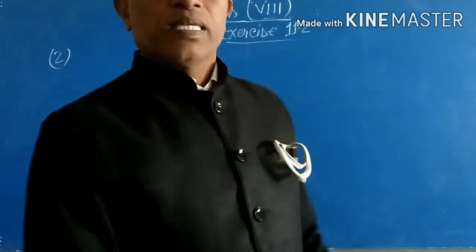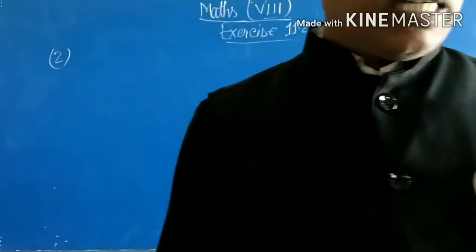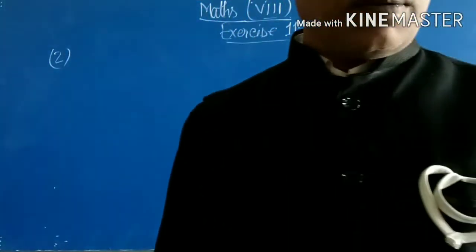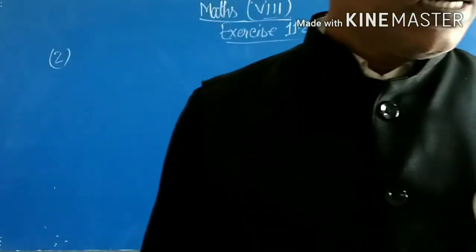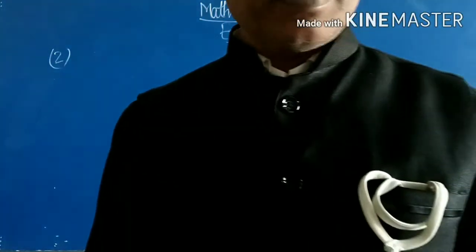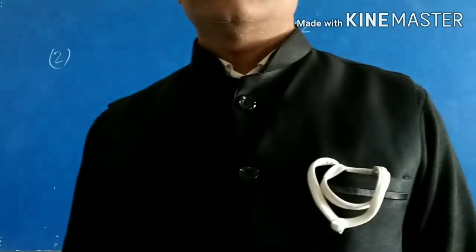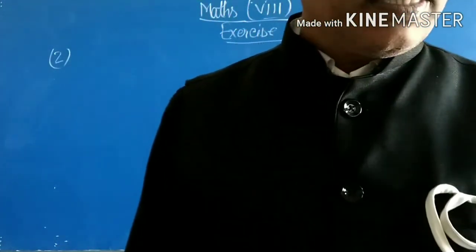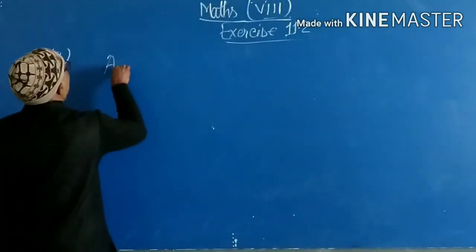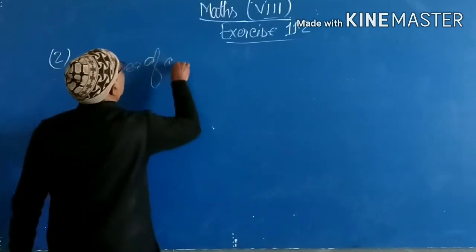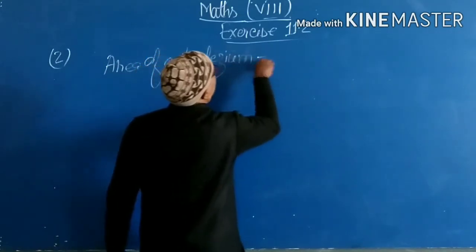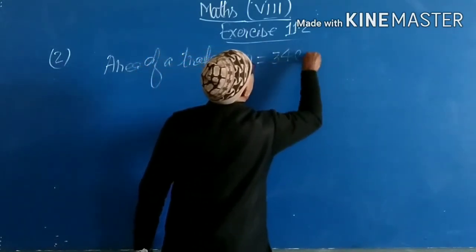Question number 2. The area of a trapezium is 34 centimeter square and the length of one of the parallel sides is 10 centimeter and its height is 4 centimeter. Find the length of the other parallel side. In this question, you have given area of trapezium, that is 34 centimeter square.